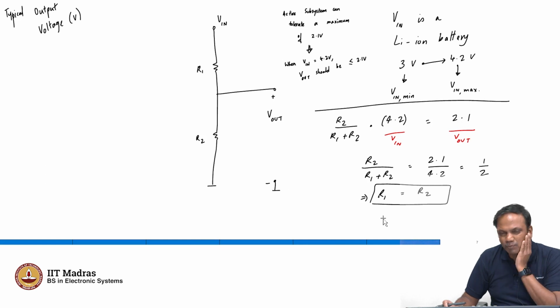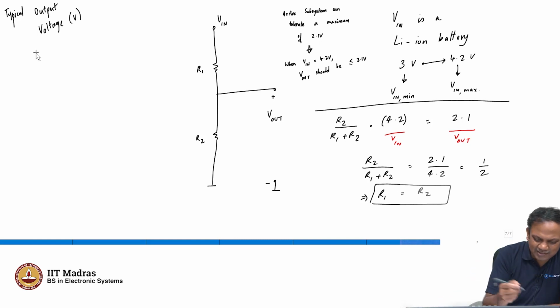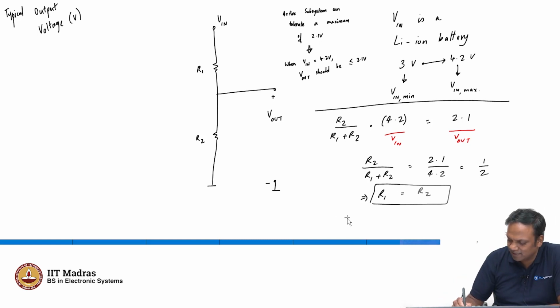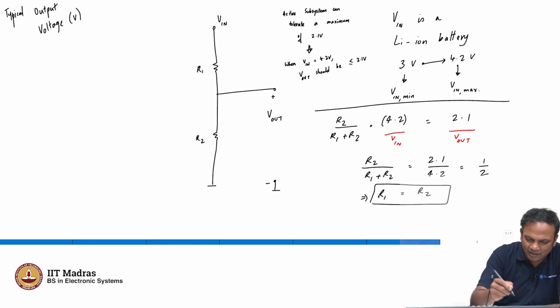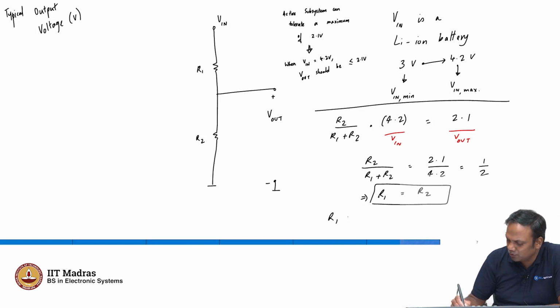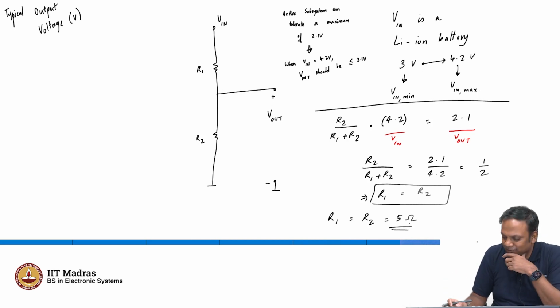We have to be able to provide a reasonable amount of current. So, we will start with some values and then play with it and see if the values are reasonable or not. Let R1 equal R2 equal 5 ohms. Let us start with this number and see where it leaves us.